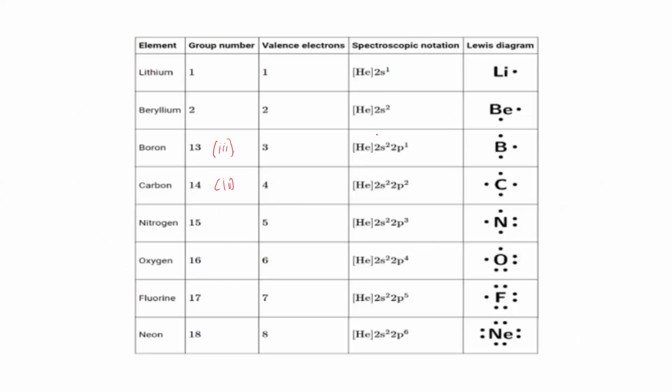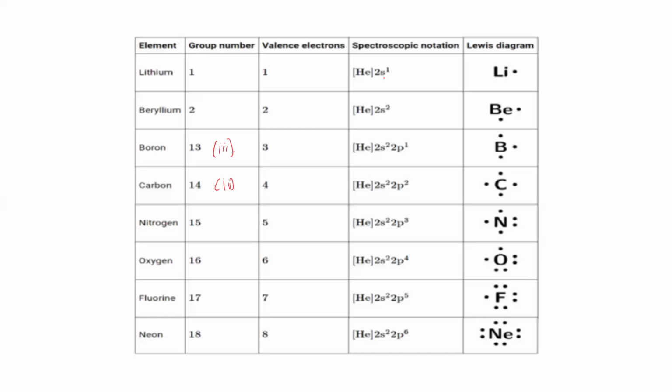Now, going back to this table, we have what you call the spectroscopic notation, which is called SP notation. Okay, it's what we did in grade 10. We must be familiar with this. Now, the SP notation represents the number of orbitals, right?